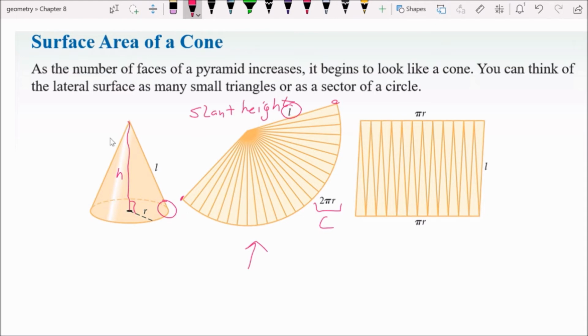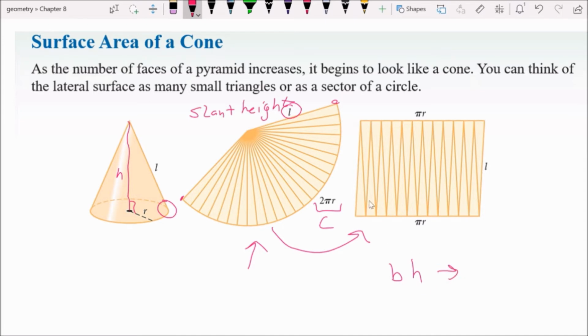Okay? So to get from this picture to transition over to that one, we're taking each of these triangles, because notice it's just a whole bunch of triangles, and we're rotating them and rearranging them in a fashion so that they fit together. They actually make a perfect rectangle. Well, that's interesting, because for a rectangle, all we need is base times height.